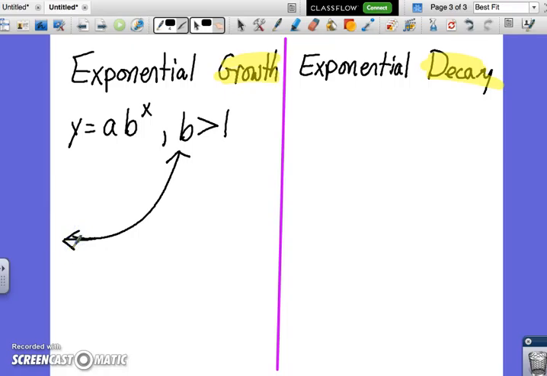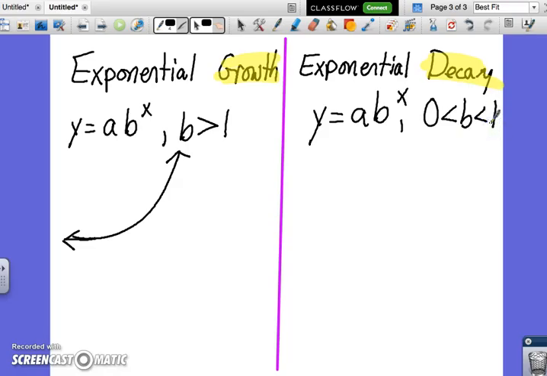Now, a decay one is one where we write in the formula y equals a times b to the x. However, remember we said before, when we talked about the b, that b has to be greater than 0, but it can't be equal to 1. So b is greater than 1 when it's a growth. For an exponential decay problem, b has to be between 0 and 1.